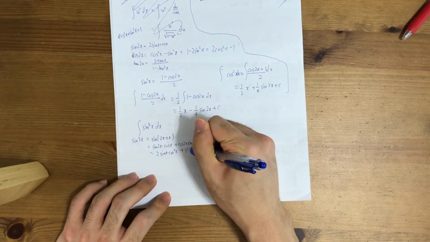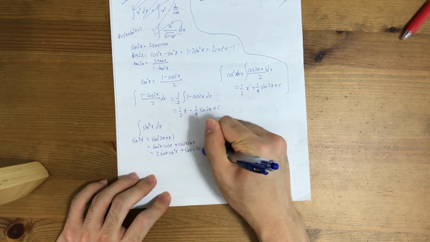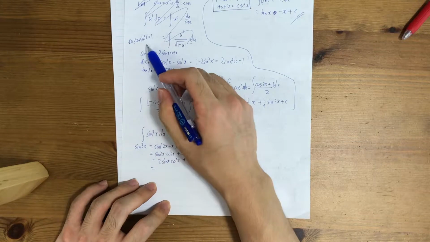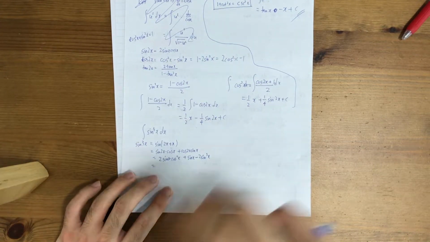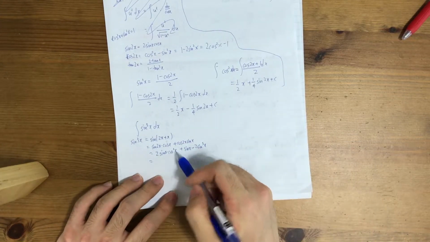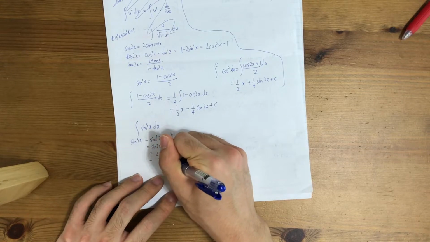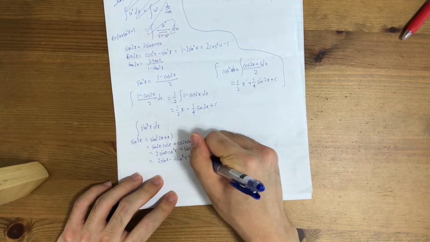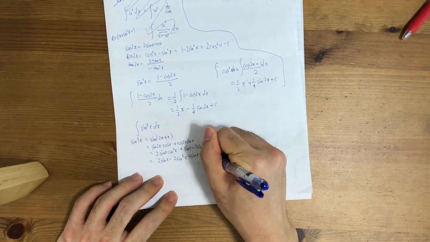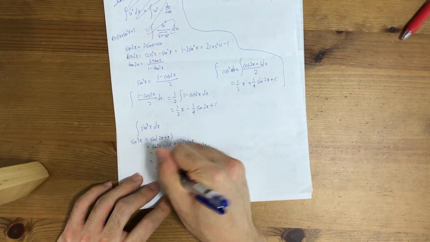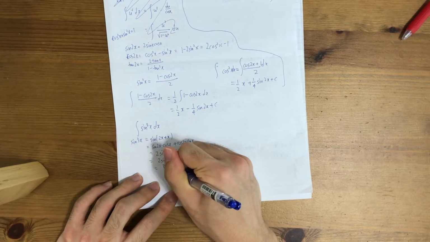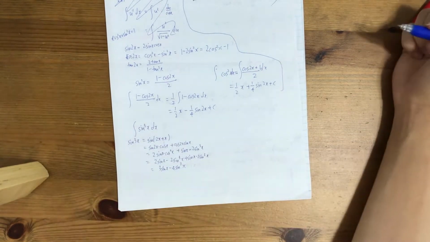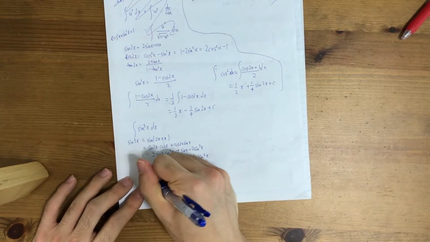So that means sine x minus 2 sine cube. And cosine squared, using this, we know that it's 1 minus sine squared. So that means 2 sine x minus 2 sine cube x plus sine x minus 2 sine cube x. So we have 3 sine x minus 4 sine cube x.